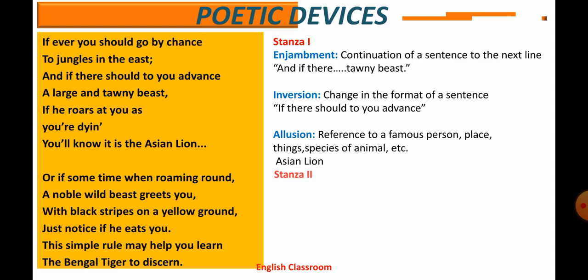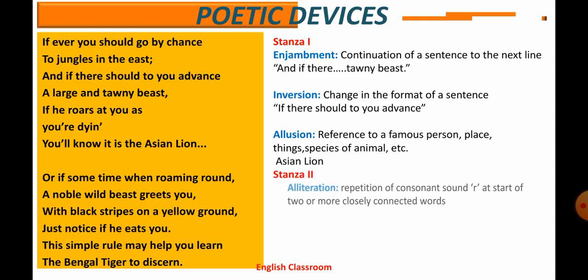Then stanza 2. You can find first alliteration. In alliteration, there is the repetition of a consonant sound at the start of two or more closely connected words. So in the phrase roaming round, you can find the sound R repeating.